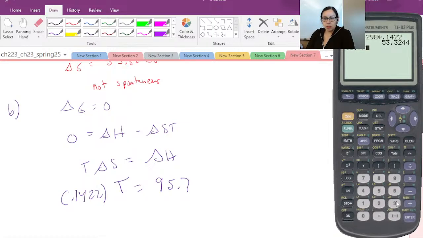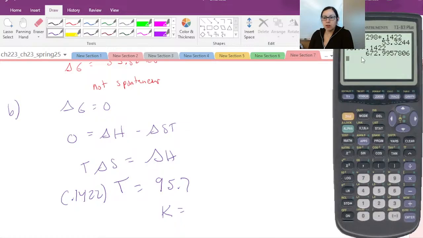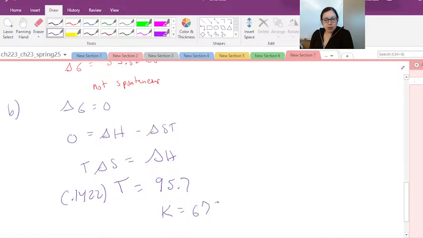I got 673 Kelvin, and 4 degrees Celsius. So 673. I believe you got the same thing. Excellent, I see more thumbs up and nods. Sounds good. And of course, that was in Kelvin for our temperature of 673.